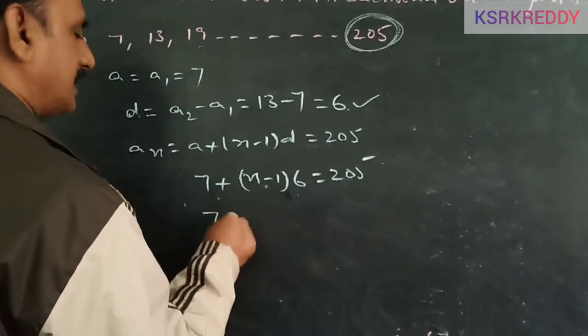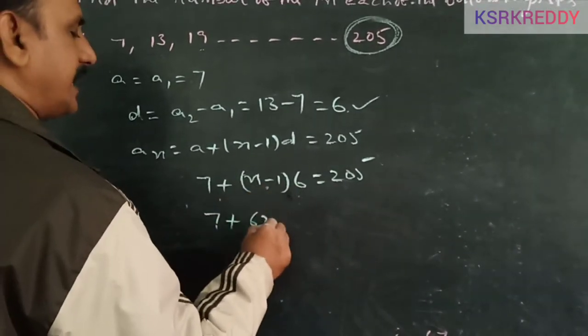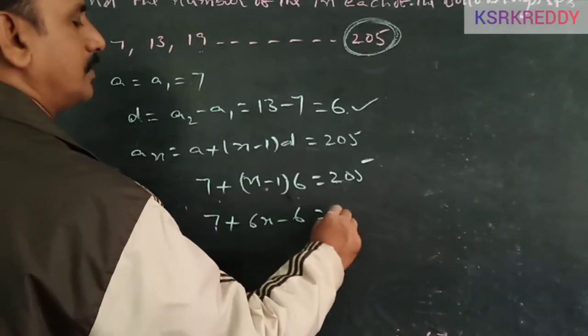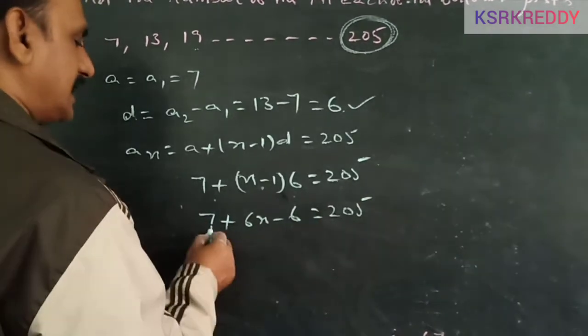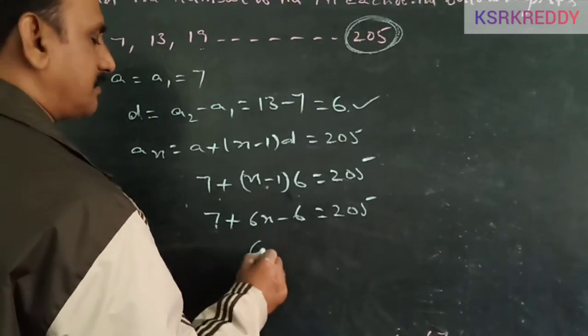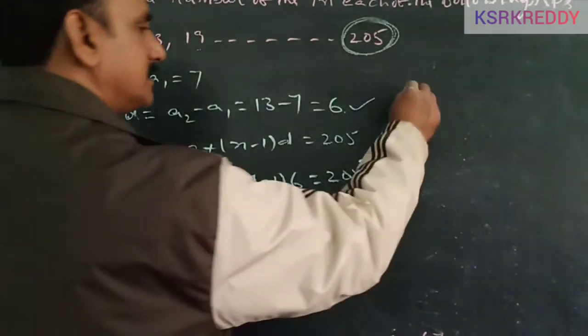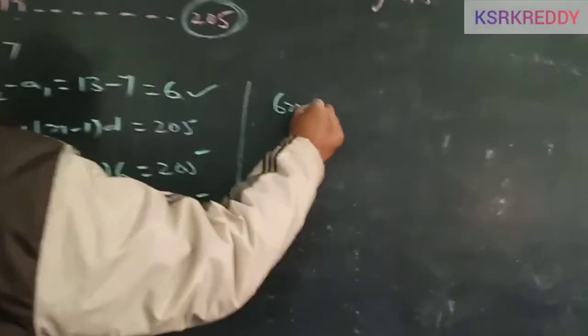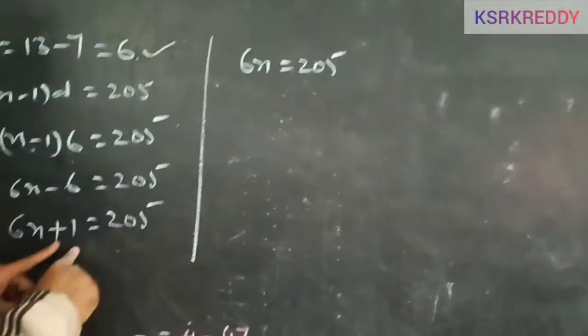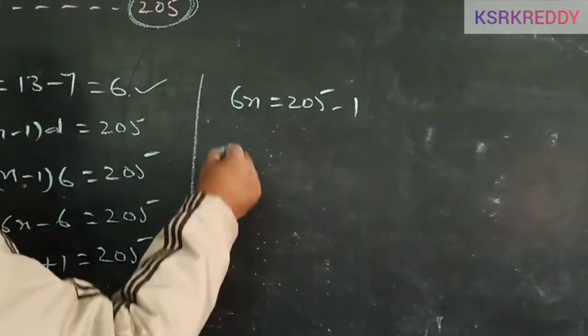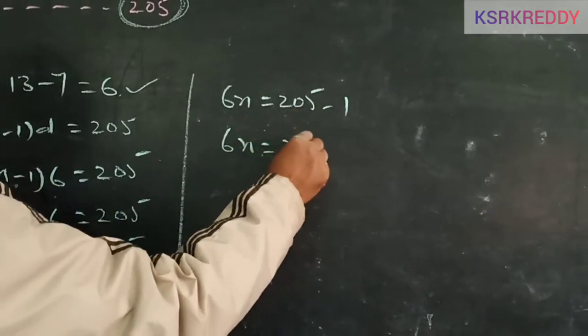Then 7 plus 6n minus 6 is equal to 205. 7 minus 6 is 1, so 6n plus 1 is equal to 205. Then 6n is equal to 205 minus 1, so 6n is equal to 204.